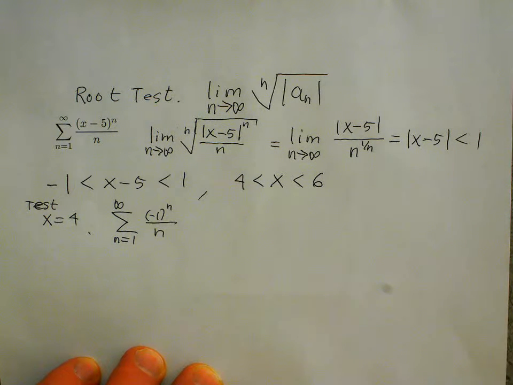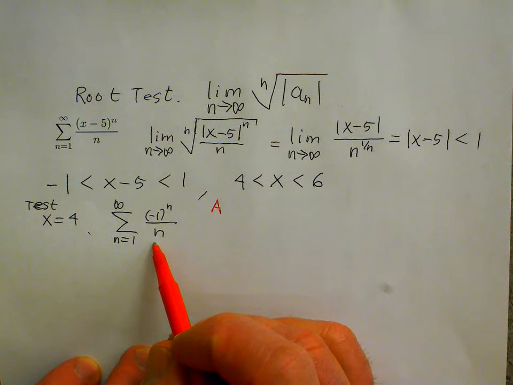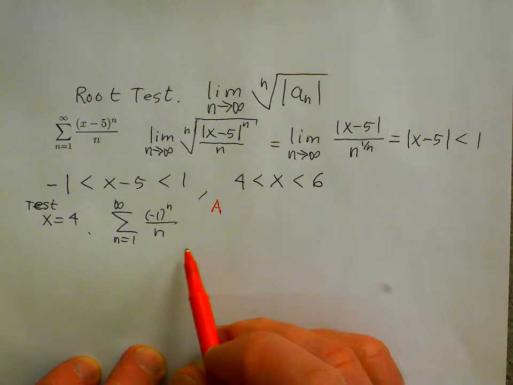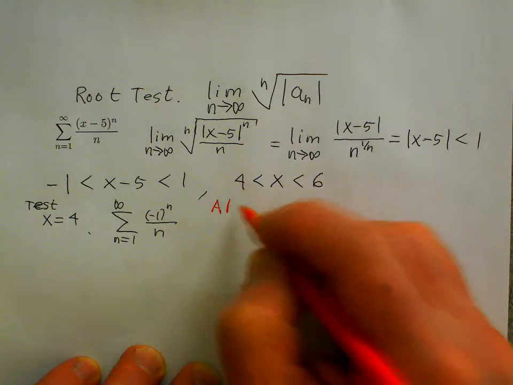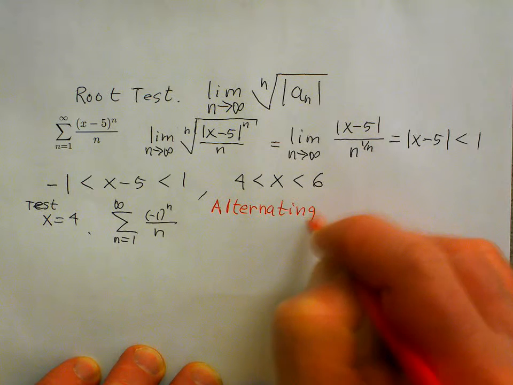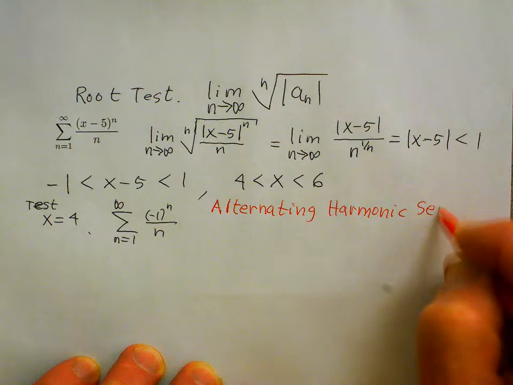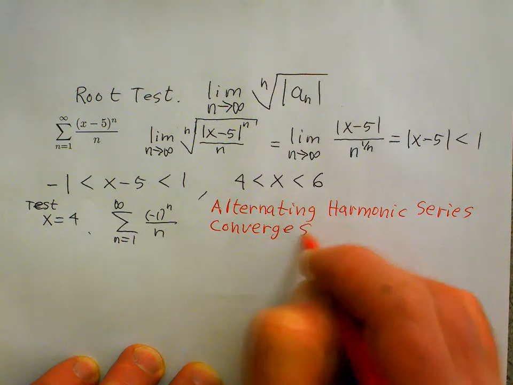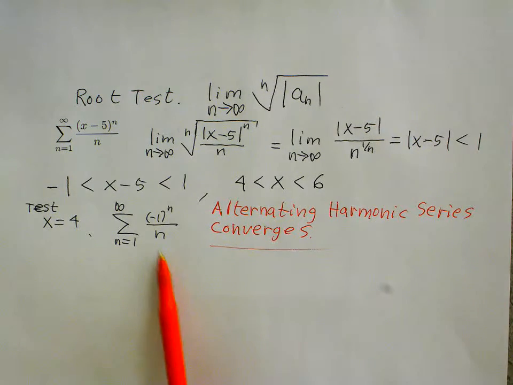So you can just remember, or use the alternating series test. The alternating harmonic series converges, so you can remember that, or as I said, you can use the alternating series test.